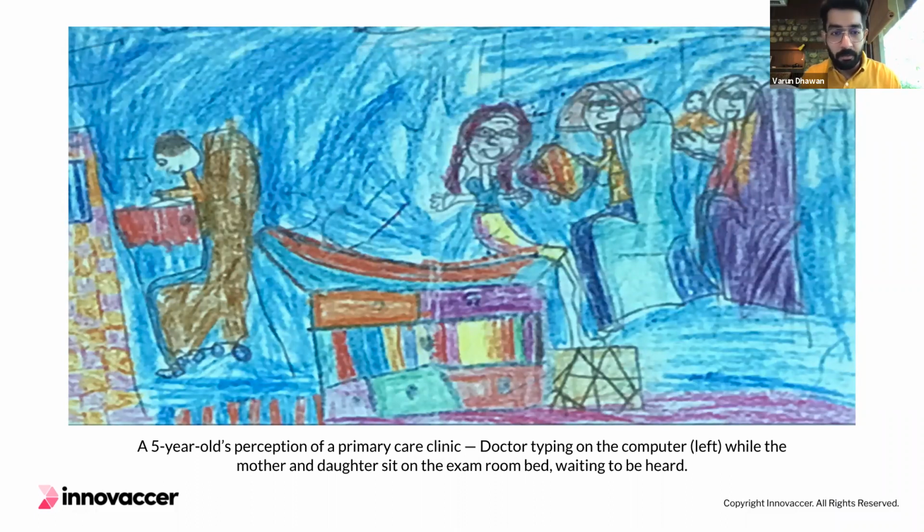What you have on screen is a painting that's supposedly been drawn by a 5-year-old when she was trying to describe her visit to the doctor. On the left there is this long-back chair with the doctor sitting on it, looking into their computer. And on the right, there's this little girl sitting on the exam room seat with her mom.